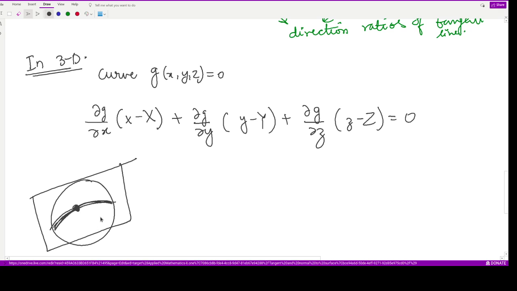And for the equations of normal, what is the case?